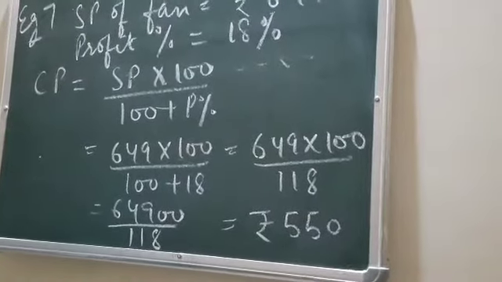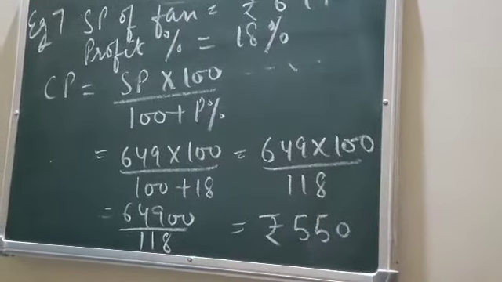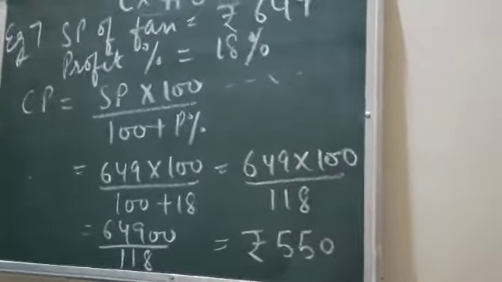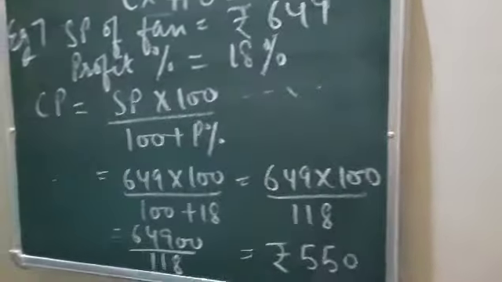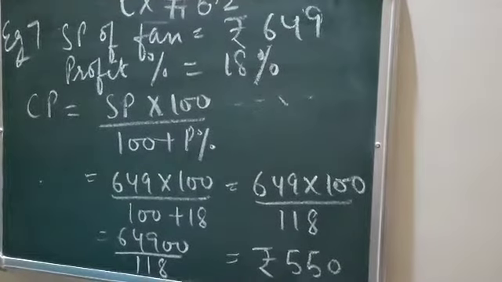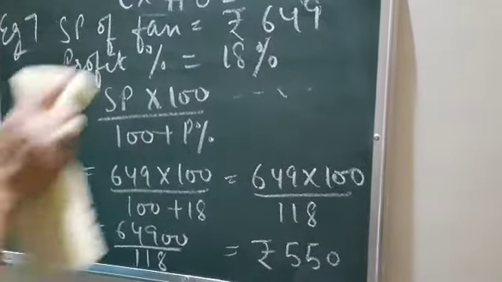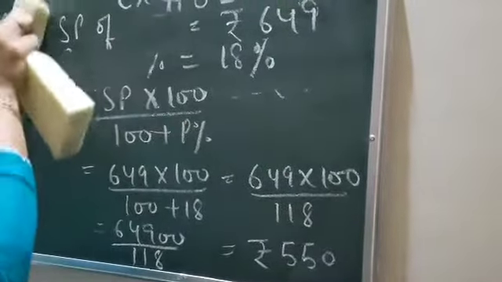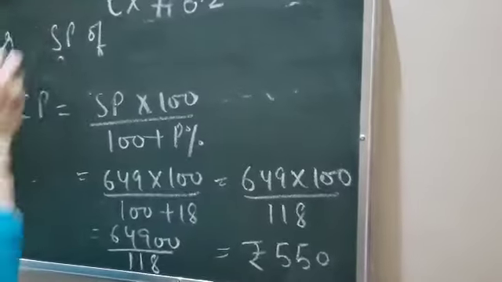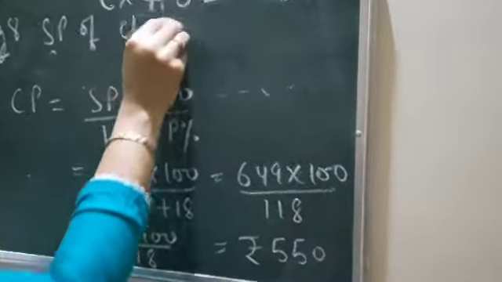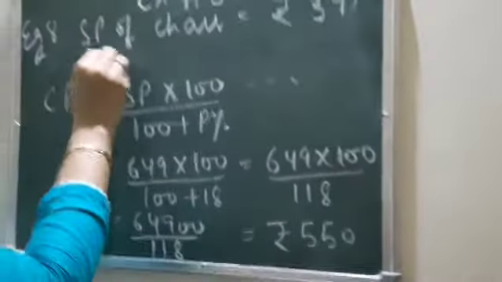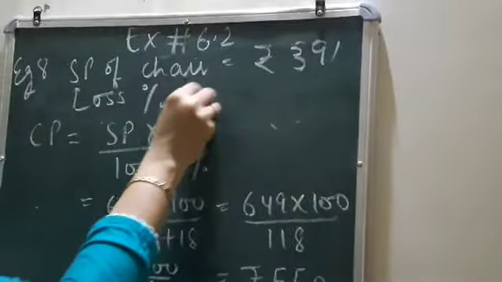Okay? Now example number 8. By selling a chair for rupees 391, Anil suffers a loss of 15%. Find its CP. So just in place of profit, now loss percent is given. SP of the chair is rupees 391 and Anil is suffering a loss of 15%.